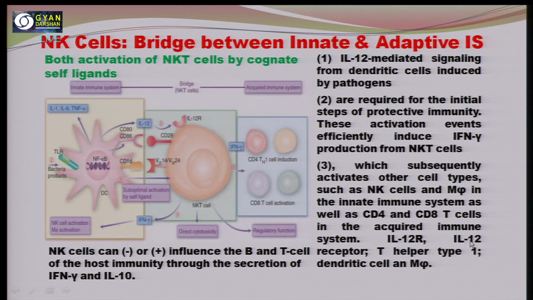IL-12R is the IL-12 receptor on T cell type 1, dendritic cells and macrophages. So ultimately the NKT cells will make a bridge between the innate and adaptive immune systems.